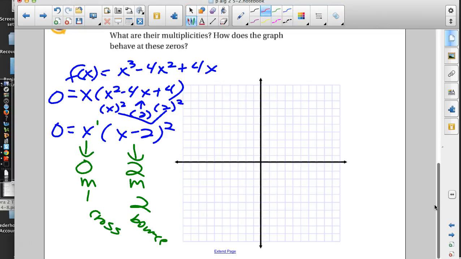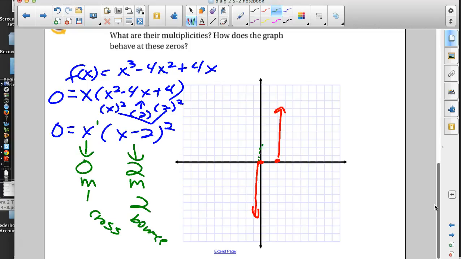So we have 0 and 2. But we have more because this was a cubic and it was positive. So end behavior here and here. And now let's put in the part that we can get from this, and that is at 0, it's definitely going to cross, but at 2, it's definitely going to bounce.